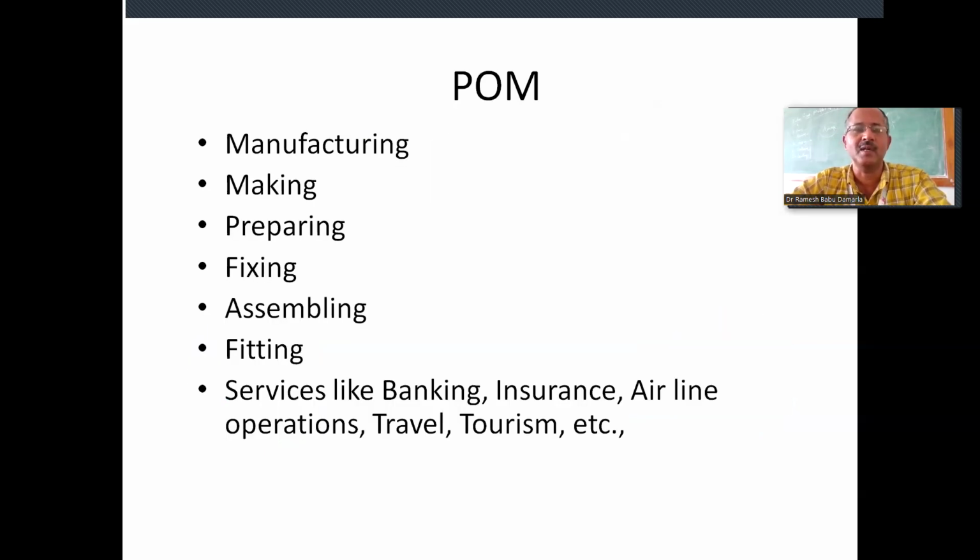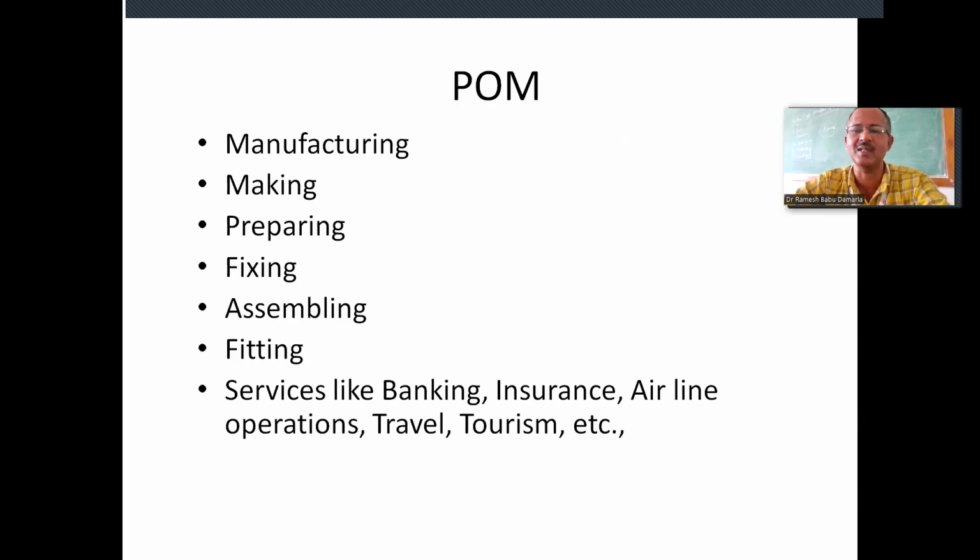So production operation management is generally termed as manufacturing, some people say making. When you are making some food, we say preparing. When you are fixing two or three things together, we say fixing and assembling, with accessories or subcomponents.